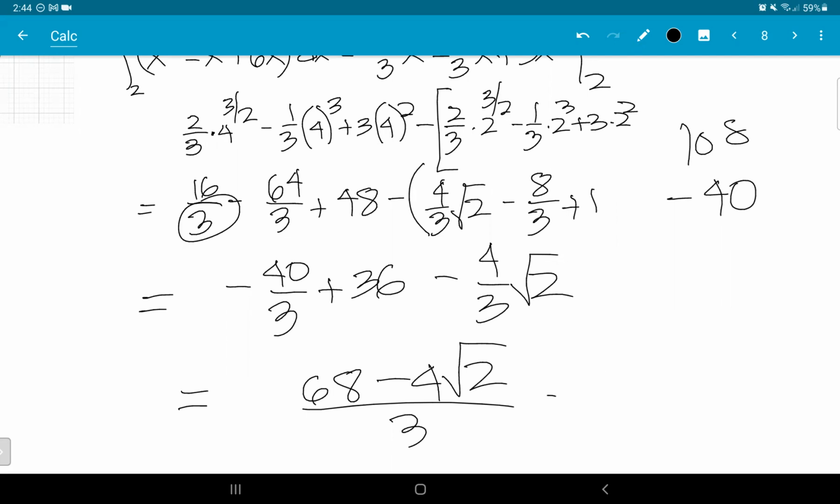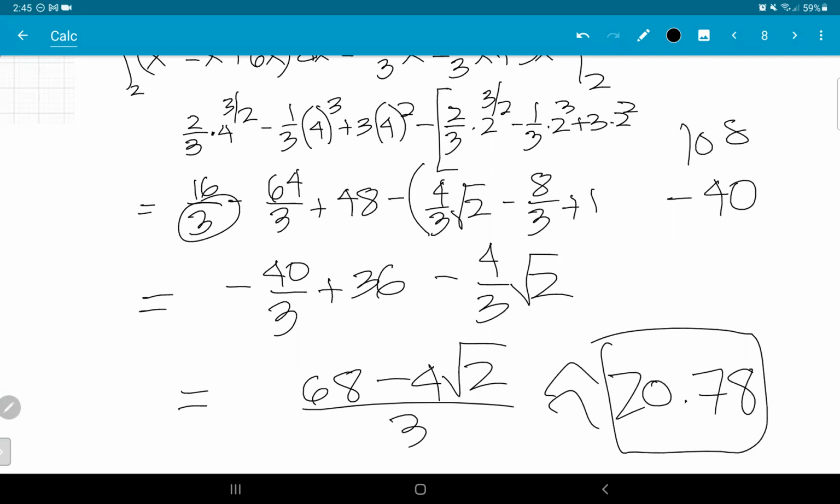Okay, so about 20.87, use 2 decimal places. So Mr. Roque's answer is correct.